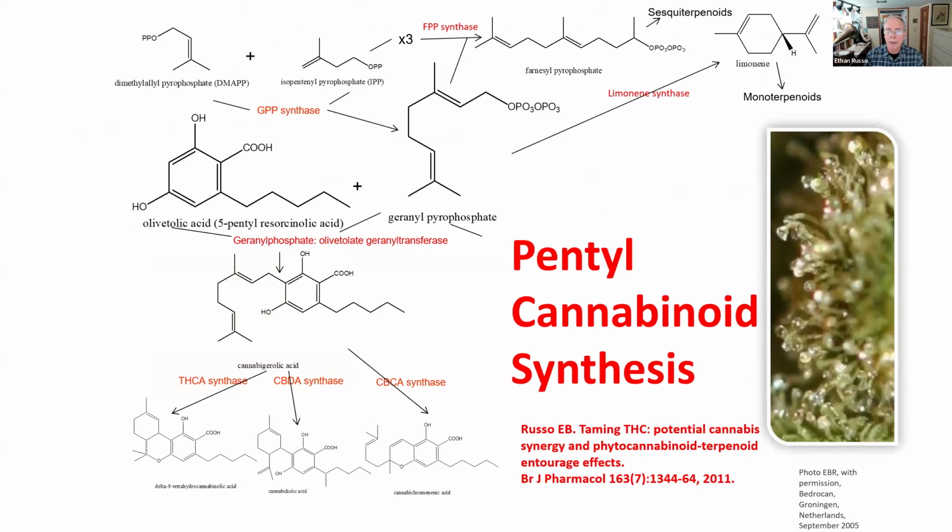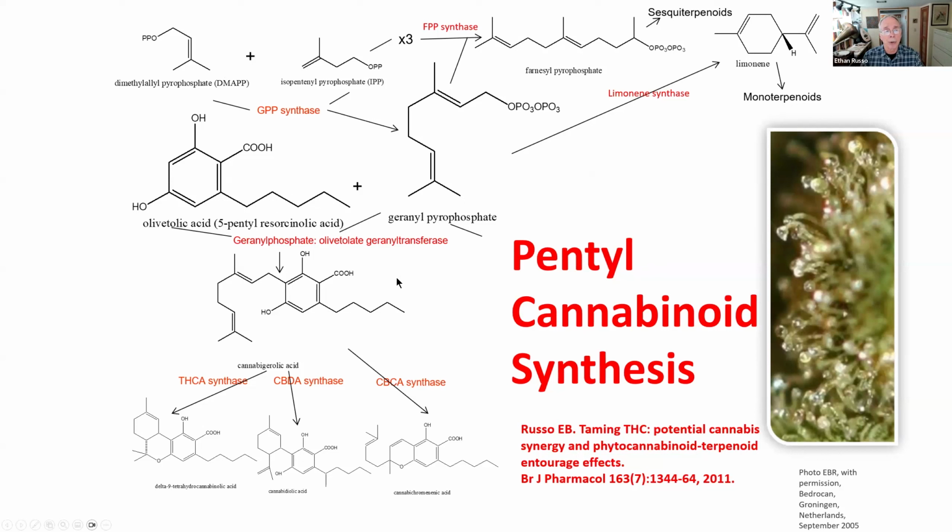Now, a little bit about synthesis. This is the normal pathway of biosynthesis for cannabis, what are called pentyl cannabinoids, meaning that there is a 5-carbon side chain. 1, 2, 3, 4, 5. So with these precursors, we have a combination of olivetolic acid with geranyl pyrophosphate.